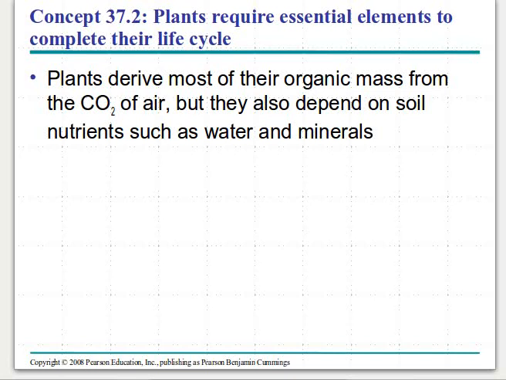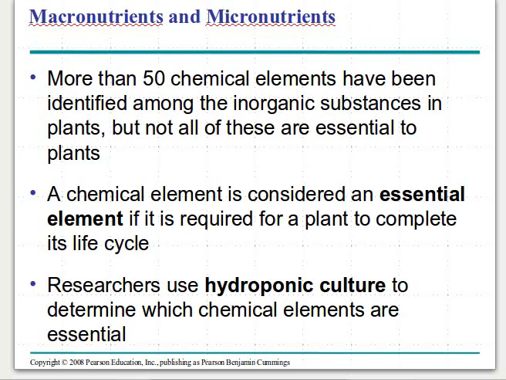We'll talk a lot about the essential elements that plants need to complete their life cycle, CO2 being one of them out of the air. We'll also talk a lot about nitrogen and phosphorus. The two main categories are macronutrients and micronutrients.